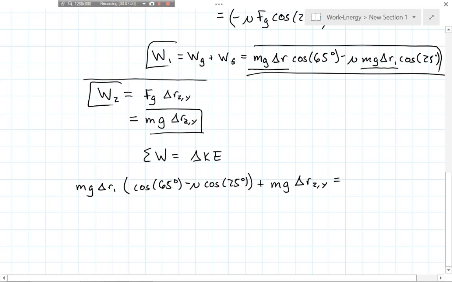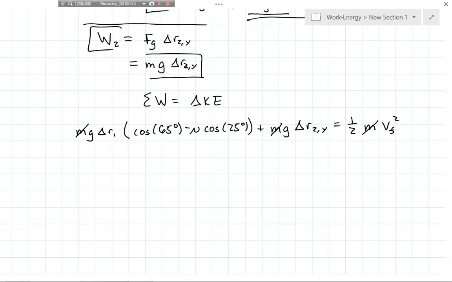Now, we're told that initially she starts out at rest. So the change in kinetic energy is just the final kinetic energy, which is 1/2 m v final squared. So we see everything depends on mass, so that cancels out.